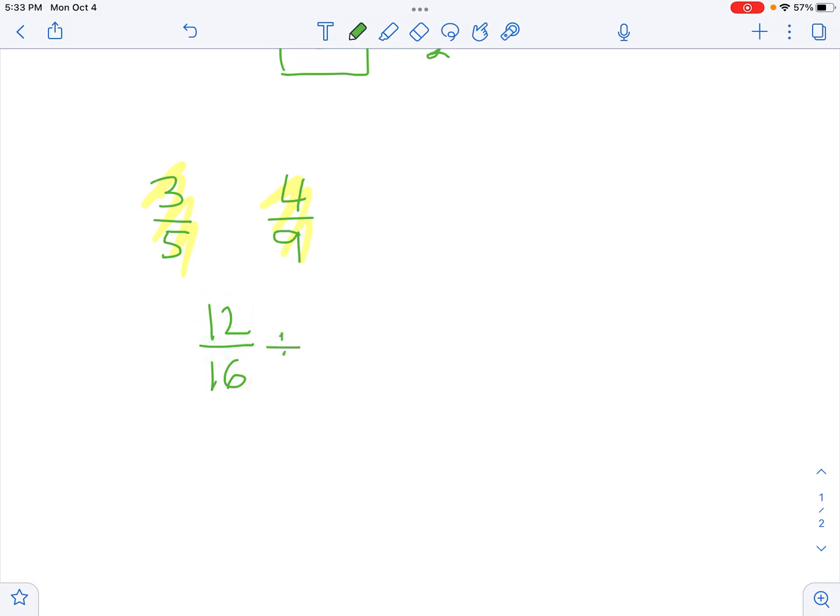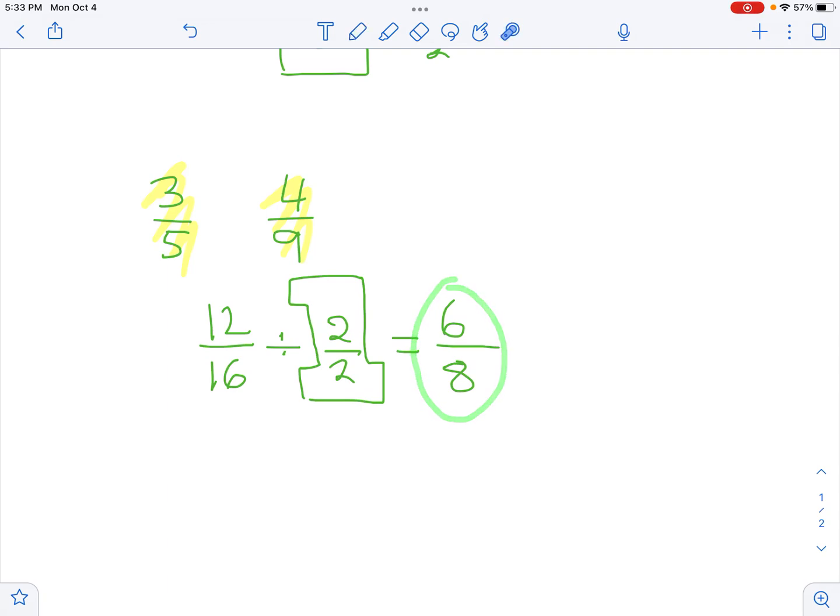So we can divide by the form of 1, which is 2/2, and I'm just going to draw a little form of 1 there to show that we're dividing by 1, so we're not changing the value. Now 12 divided by 2 is 6, 16 divided by 2 is 8. But 6 and 8 both have a common factor, again since they're both even, which is 2. So I'm going to divide both by 2, another form of 1.